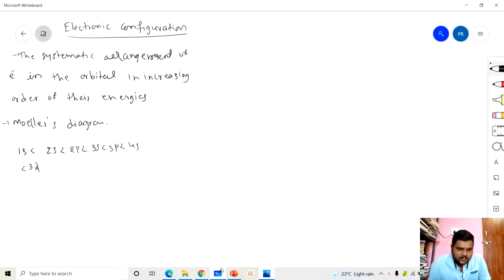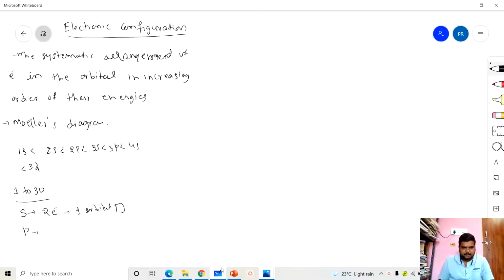Based on this, we are going to fill the electrons in atoms with atomic numbers 1 to 30, using their energy levels, the orbital energies. Before that, I would like to say that an s orbital contains a maximum of 2 electrons because 1 orbital is present.